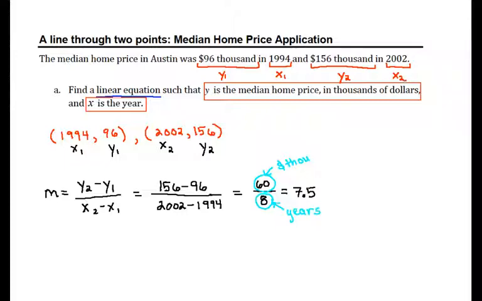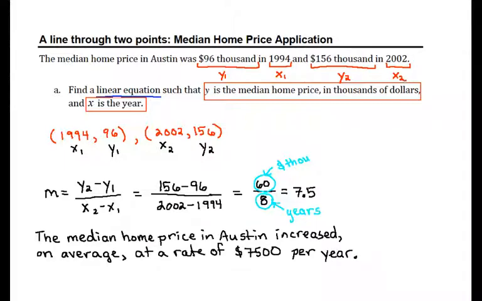So the meaning of this number is that the median home price in Austin was increasing at a rate of $7,500 per year over that time period. On a problem like this, sometimes we're asked to interpret our rate of change, sometimes we're not. It's always good to make sure we at least would know how to do that if we are asked to.